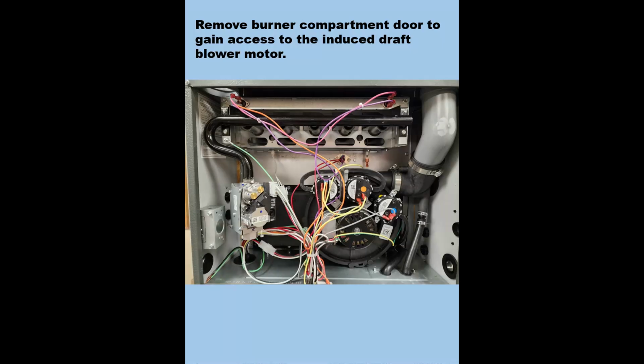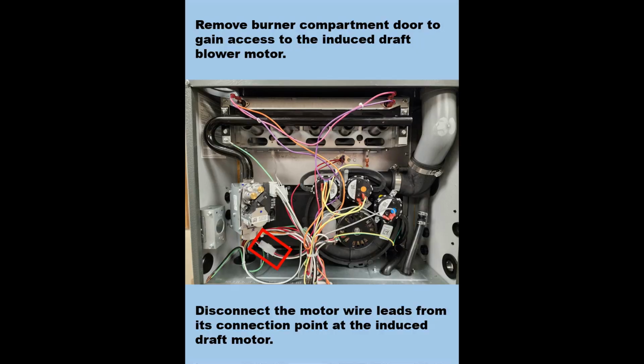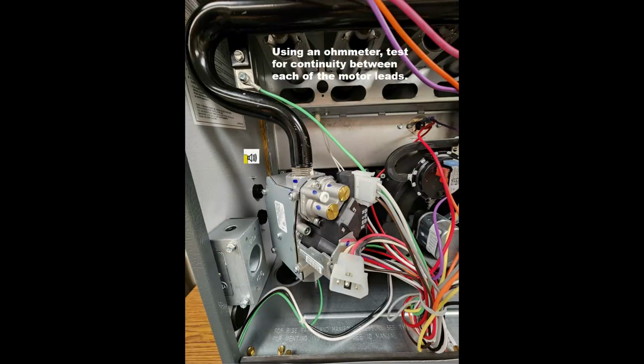Remove the burner compartment door, gain access to the inducer draft blower motor, disconnect the motor wire leads from its connection point at the inducer draft motor. And here's that plug right there in the furnace. And we take that and we separate it, as you see here.